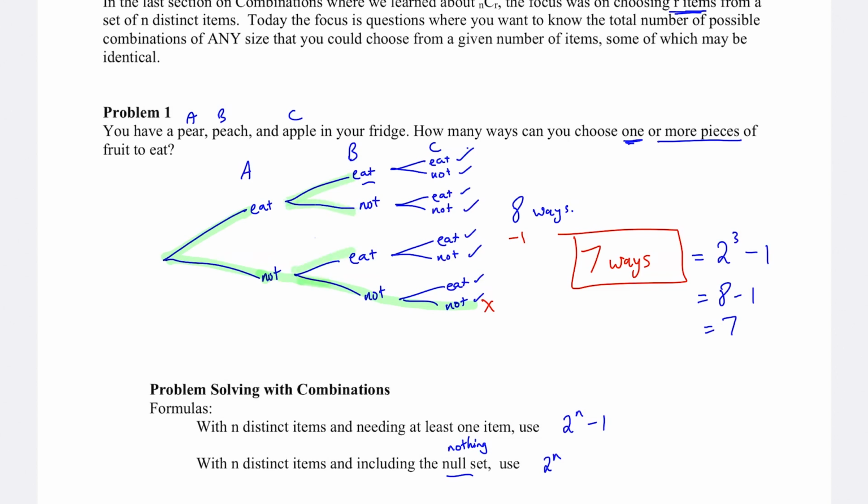And then each of those splits off into 2 options. And then each of those splits off into 2 options. So see that every single item we added, the pear, the peach, and the apple, each doubled the number of ways that you could choose to eat one or more of the fruit. So it's 2 to the power of 3 minus 1.